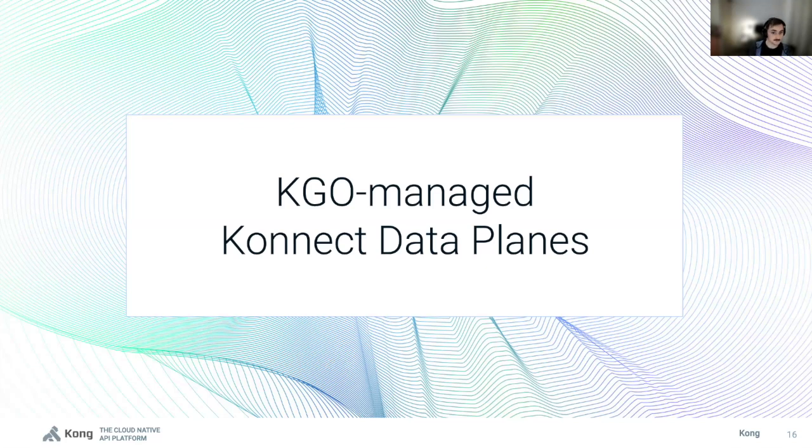So for instance, here you can see that the object that I'm talking about has a referenced Konnect API auth configuration found, it's programmed, the status is true, and it also has the ID and the organization ID and the server URL set on the very bottom.